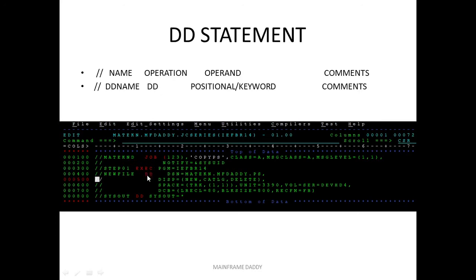In the operand part we should have either positional or keyword parameters. Here we have keyword parameters: DSN, DISP, SPACE, DCB, UNIT, VOLUME. These are the keyword parameters which are coded. And comments, we can specify comments.